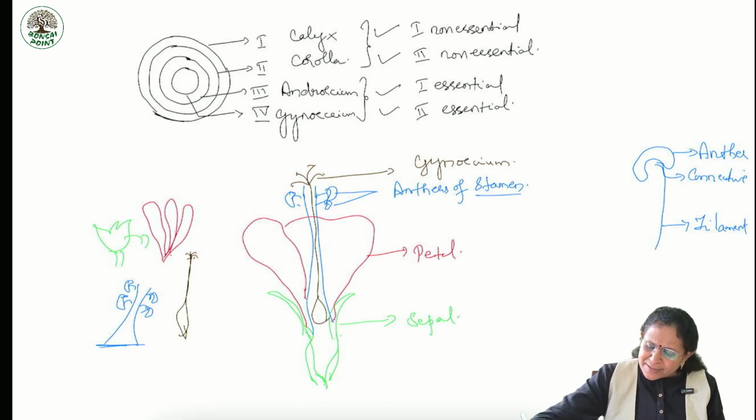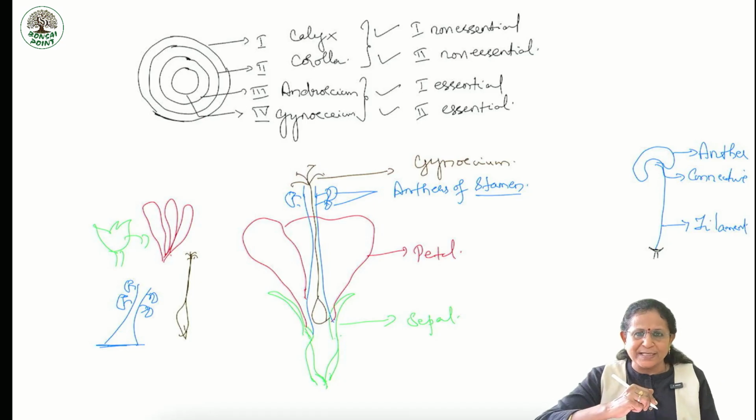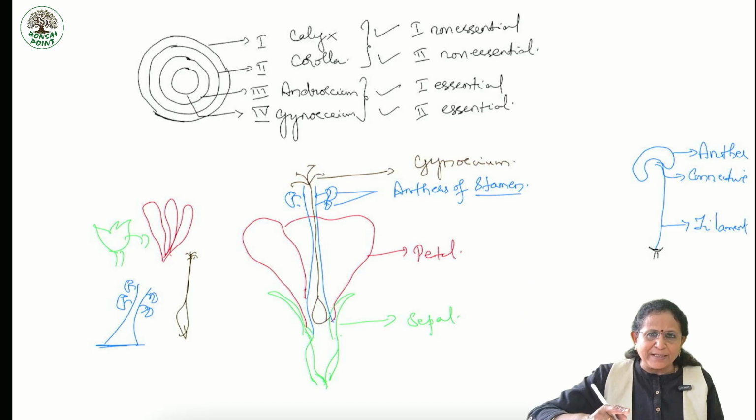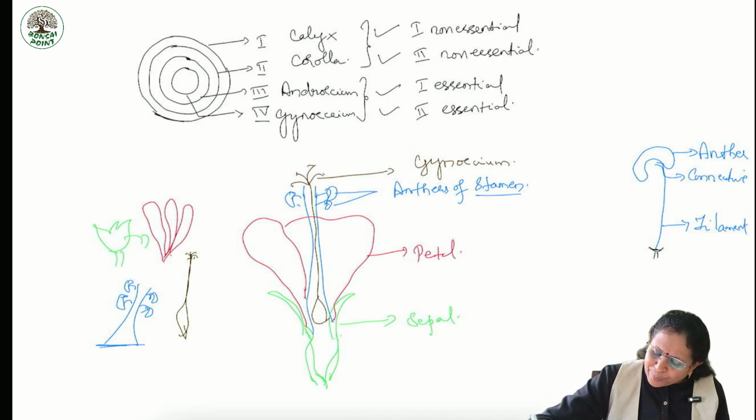Okay. Now, this is the thalamus from where the filament arises. Please remember, it's a common question. The part of the filament that arises from the thalamus is said to be the proximal part of the filament.